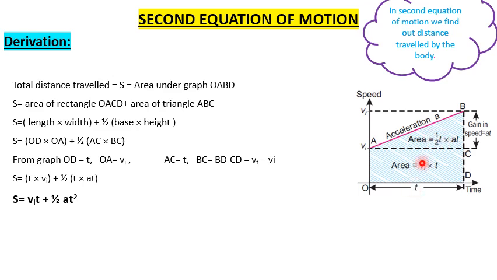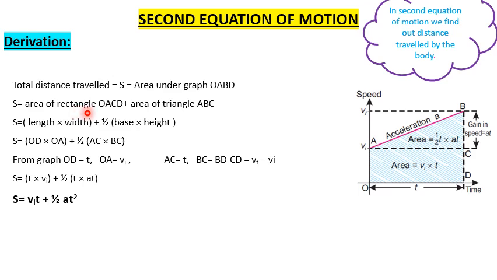This is the triangle and this is the rectangle. So if we add the area of rectangle and area of triangle, we will get the total area under this graph. So the area of rectangle OACD plus area of triangle ABC will give us the total distance traveled by the body in this graph.